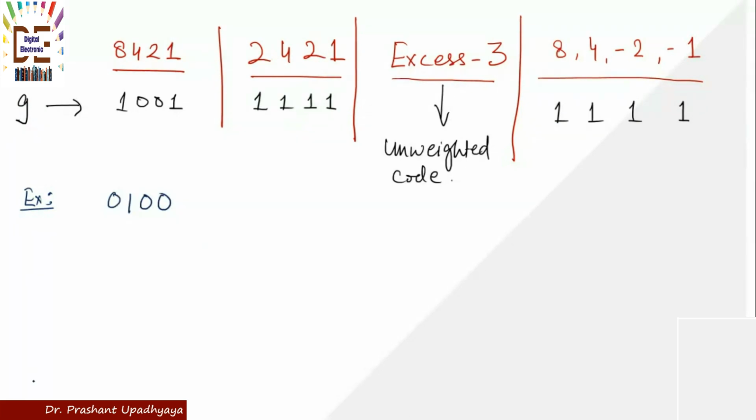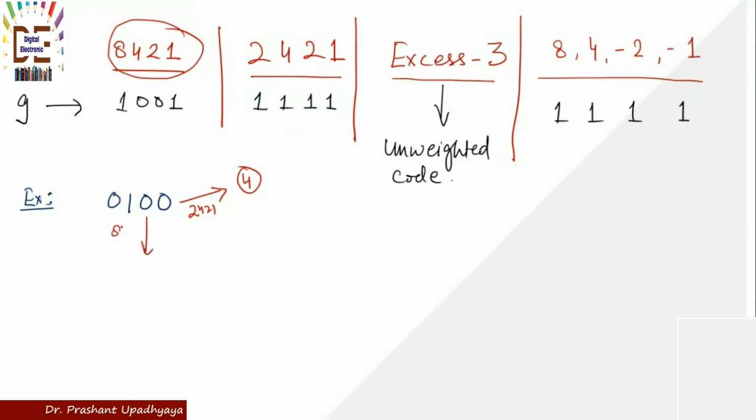Now if I ask you what this is representing, this is representing a 4, because the most popular method which we are using is this 8421 method. This is your 4. Now if I ask you that my coding is in the form of 2421, what will it represent? It will represent 4.